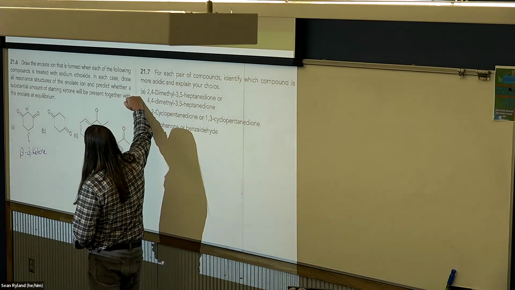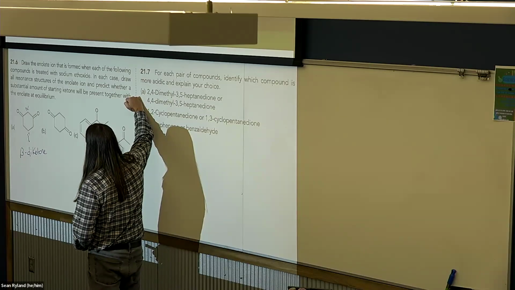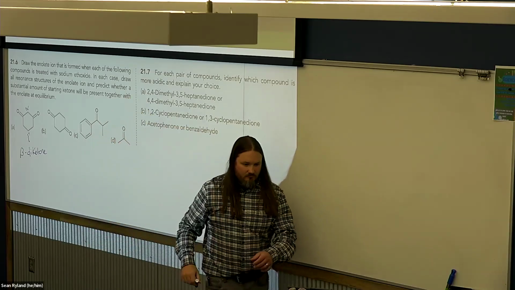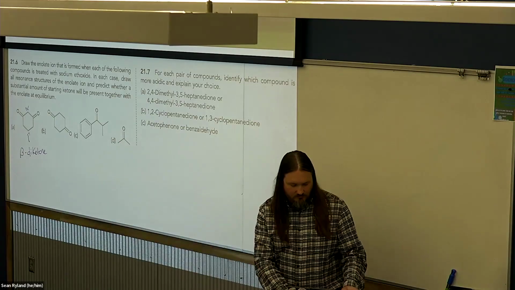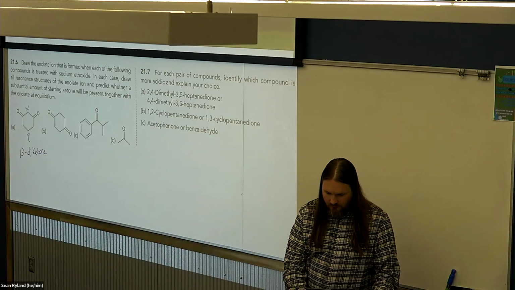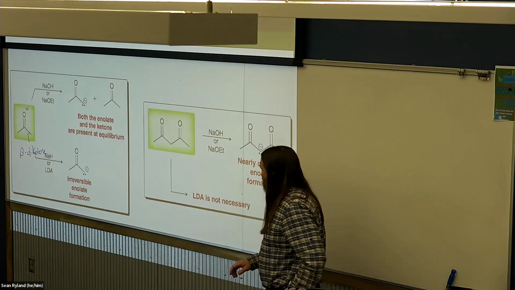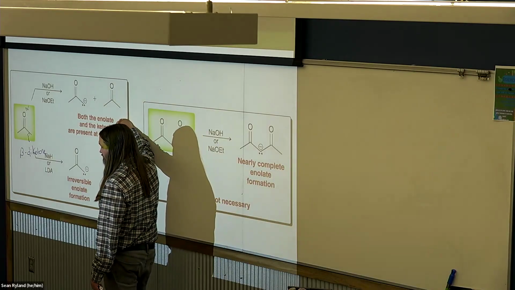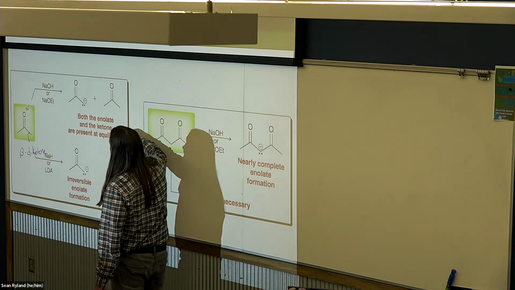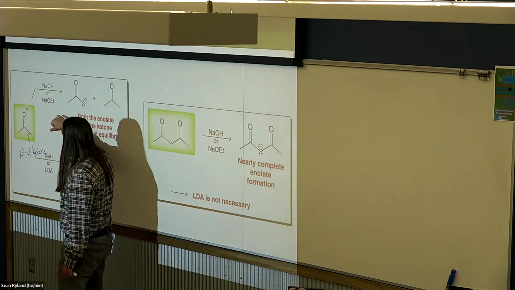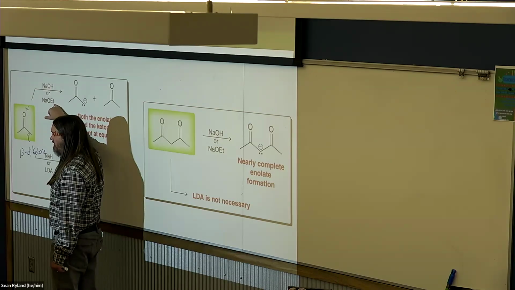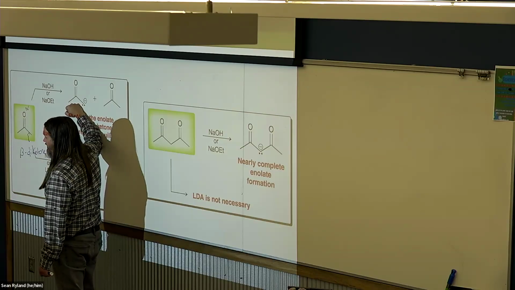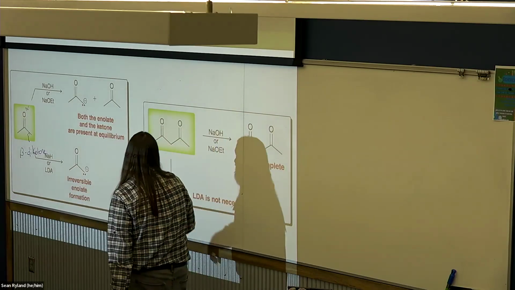Predict whether it's one or both. How would we predict that? Does it depend on the solvent? It depends on the base. Sodium methoxide is not a strong enough base to make the enolate irreversibly, unless it's a beta diketone.